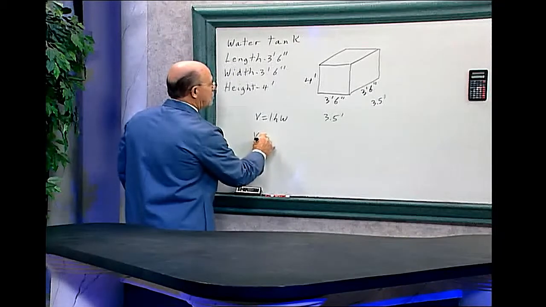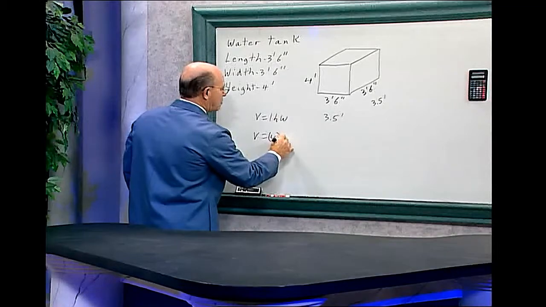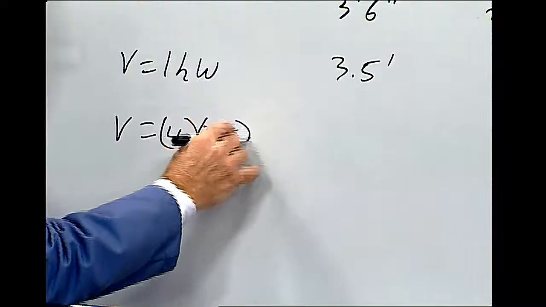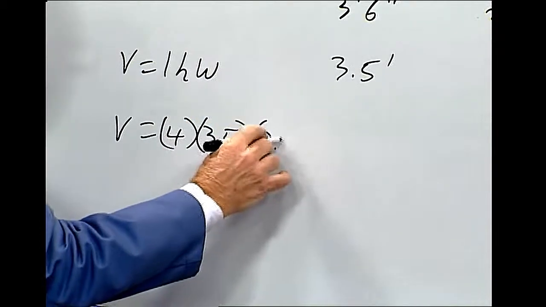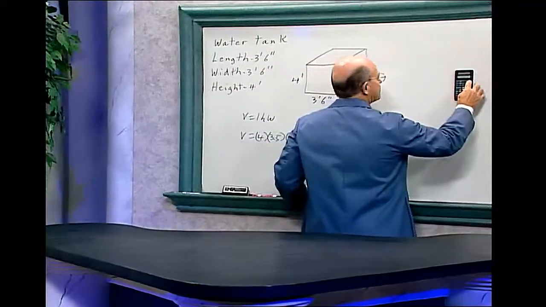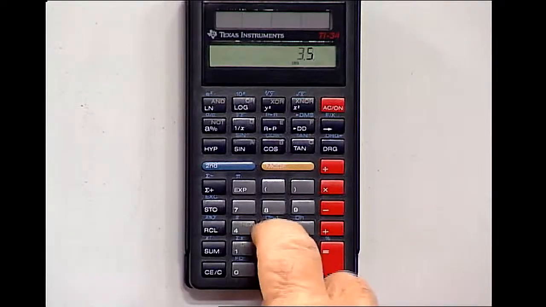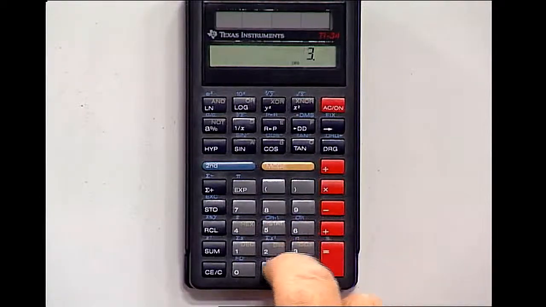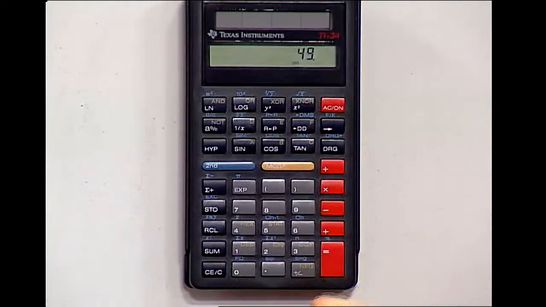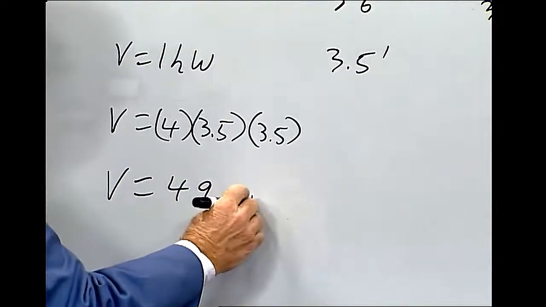So volume equals 4 times 3.5 times 3.5. 4 times 3.5 times 3.5 equals, so the volume equals 49 cubic feet.